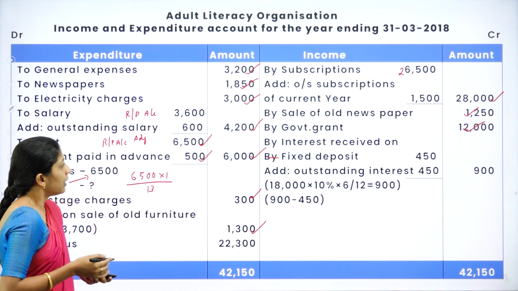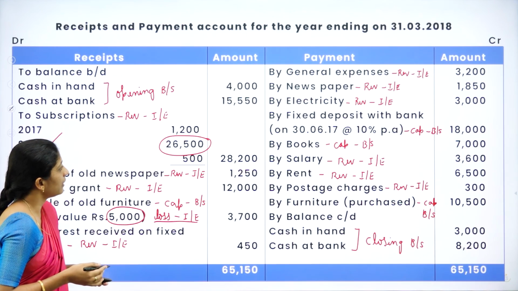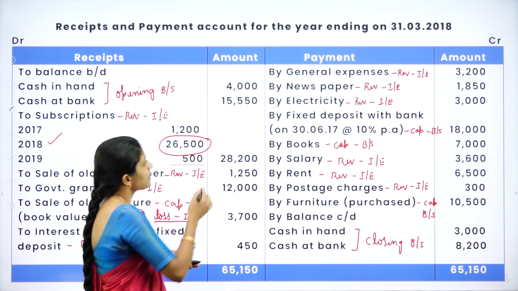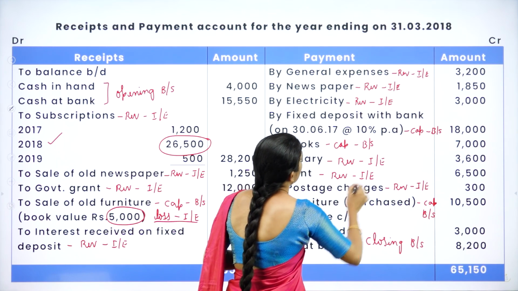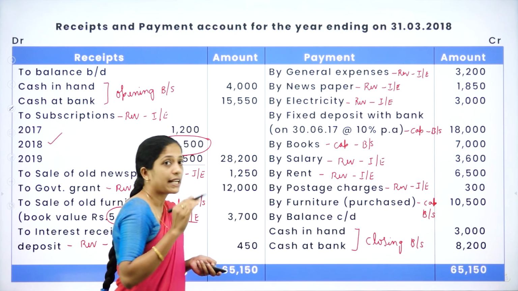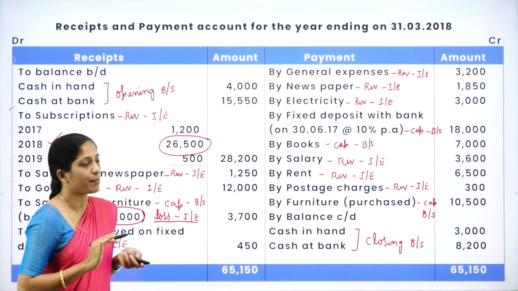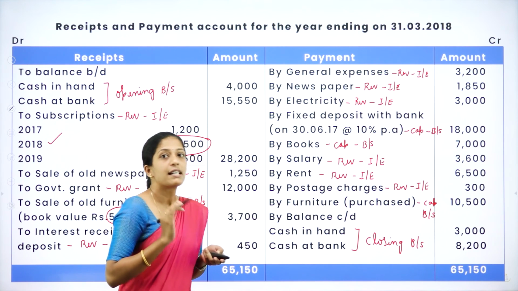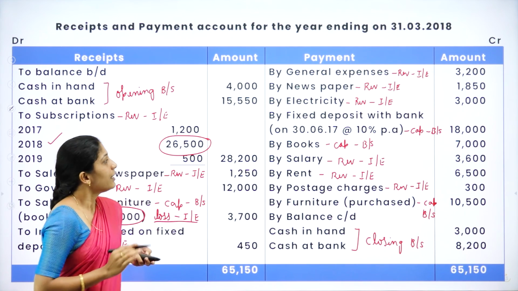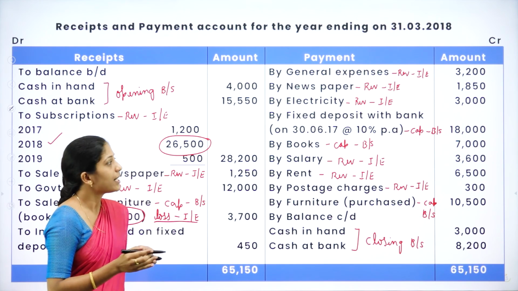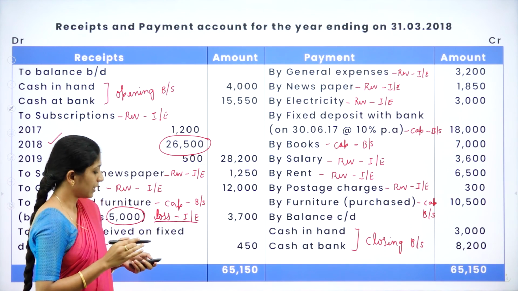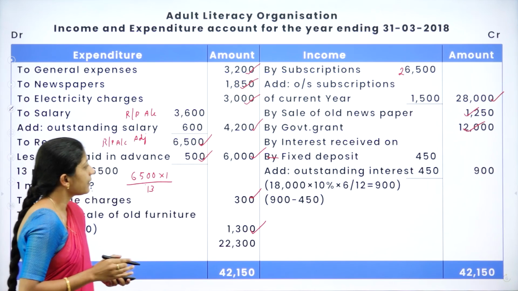Now see the fixed deposit, how much they have given. Fixed deposit with bank they have given 18,000, at 10%, and the date is only for 6 months, right? So how to calculate?